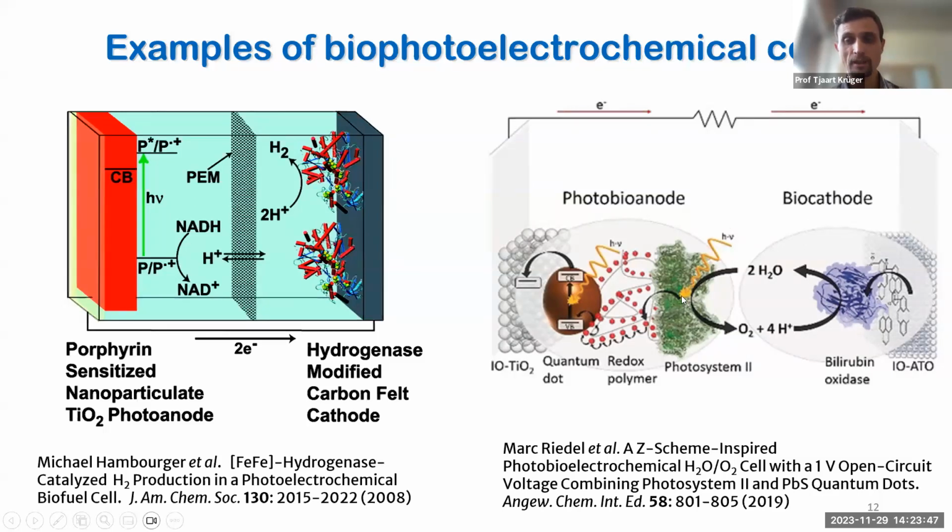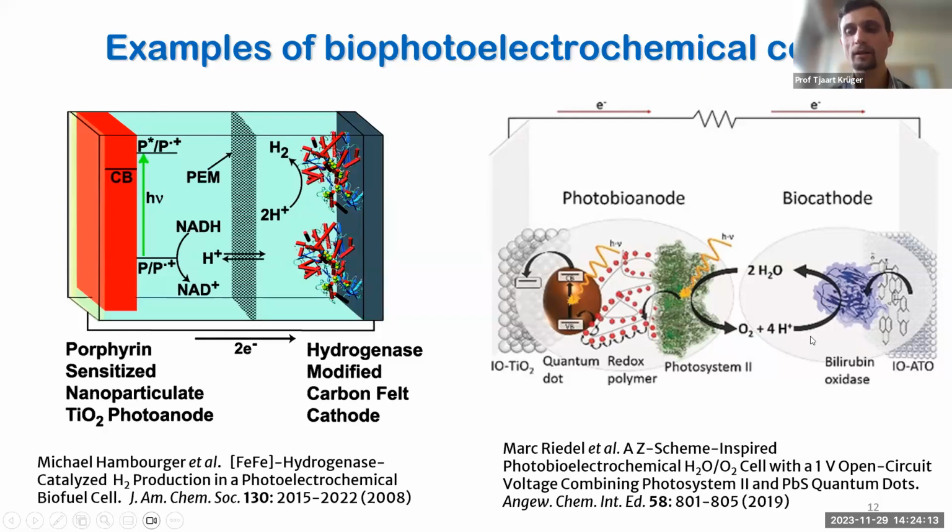It captures the light and then it transfers the electrons via a polymer through a quantum dot to our photoanode, titanium dioxide. On the cathodic side is another enzyme which will then convert the free protons that are released from photosystem 2 into water.